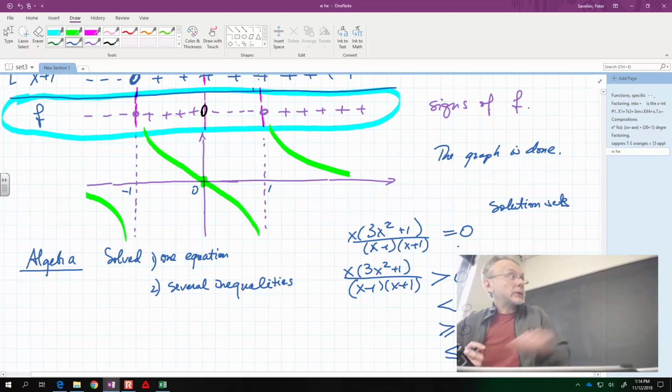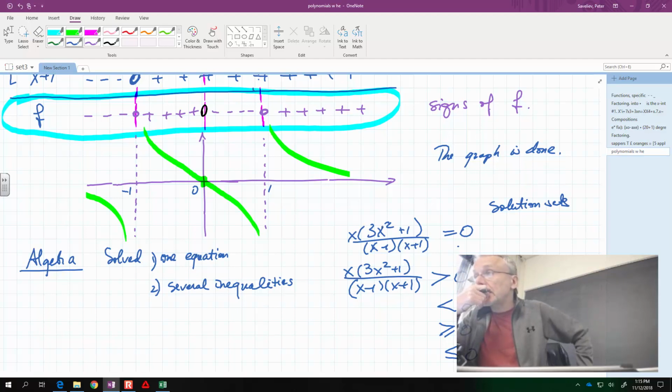Looking at what is circled there, what is the answer for my equation? What values of x will make my fraction equal to 0? It's all there, so just look at it and you'll know the answer.